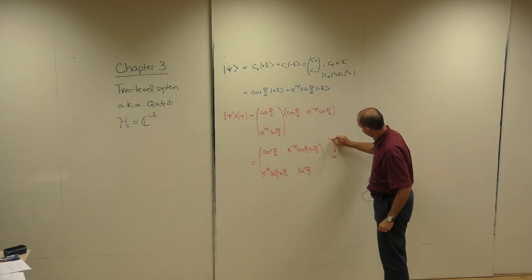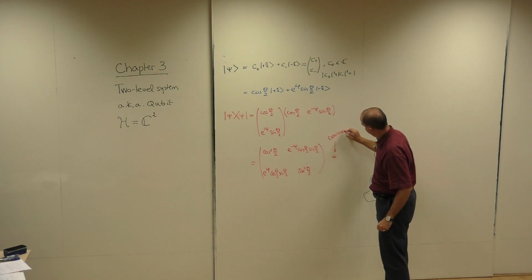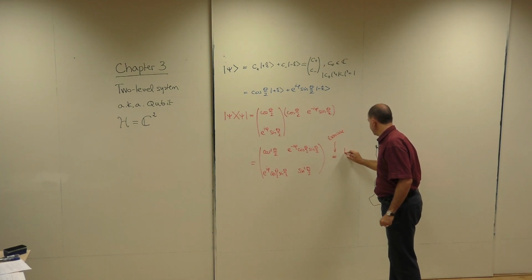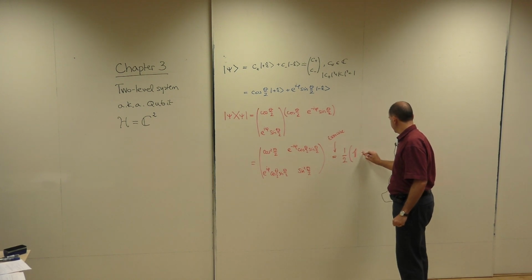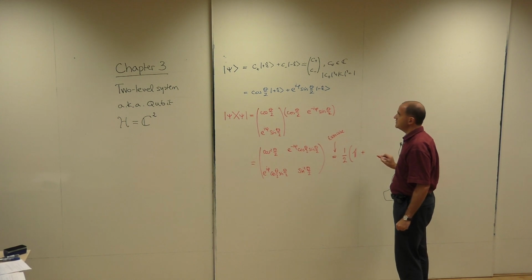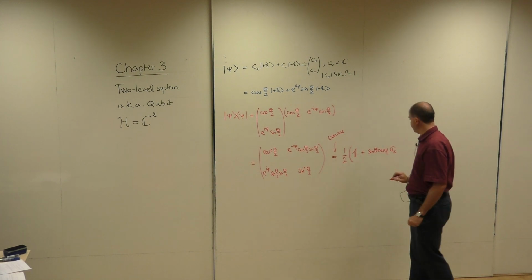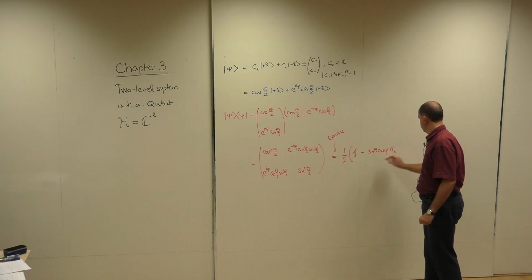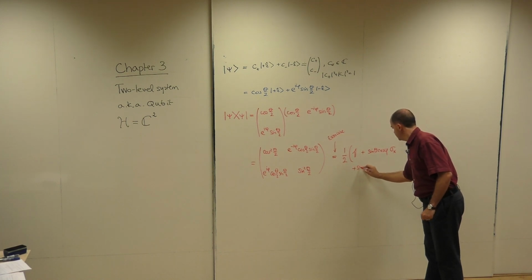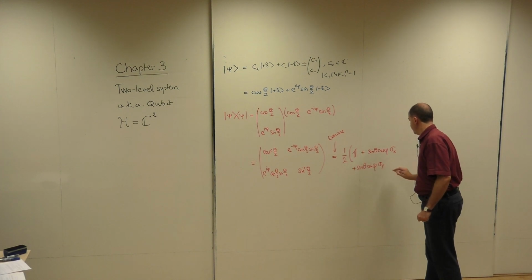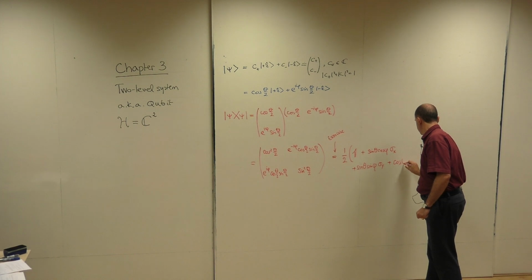This is an exercise. It is equal to 1/2 the identity plus, let's see if I remember by heart, it should be like that, sin theta cos phi times the Pauli matrix sigma x plus sin theta sin phi times the Pauli matrix sigma y plus cos theta sigma z.